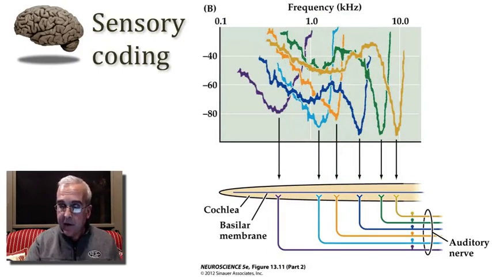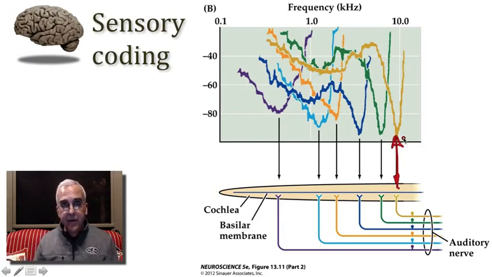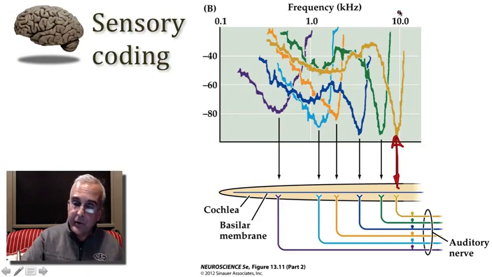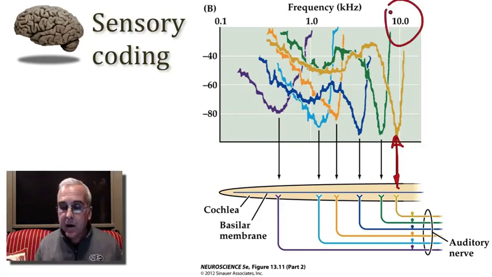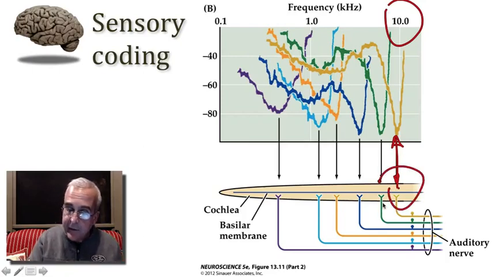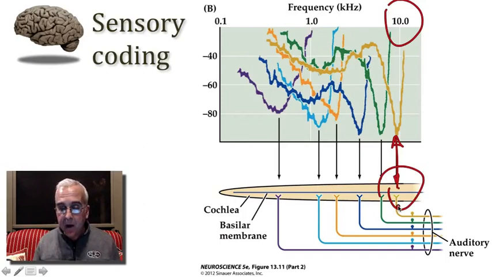And sure enough, the auditory afferents that innervate the base of the cochlea are going to have their best frequency near the higher range of what can be heard and transduced. So in this case, this gold-colored plot is showing the best frequency around 10 kilohertz for this particular axon that's innervating the base of the cochlea.